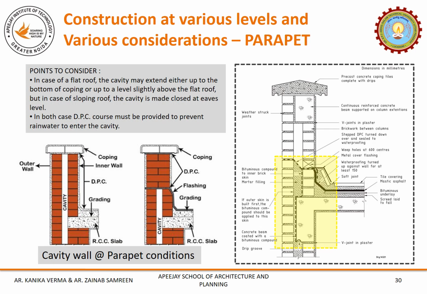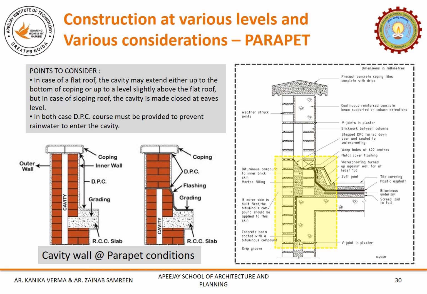For the uppermost level of the cavity, which is at parapet level, the cavity gets closed by the coping member, which can be of various shapes and sizes and of various materials depending upon the design. In case of a flat roof, the cavity may go up to the coping level or can end before, but has to remain a cavity till the immediate floor level.